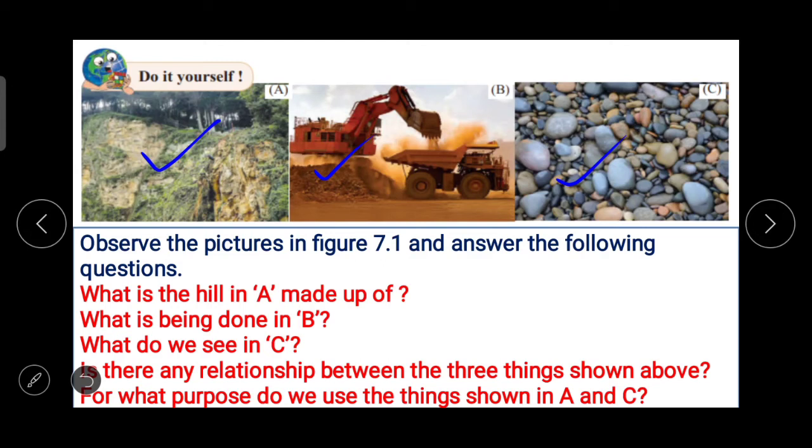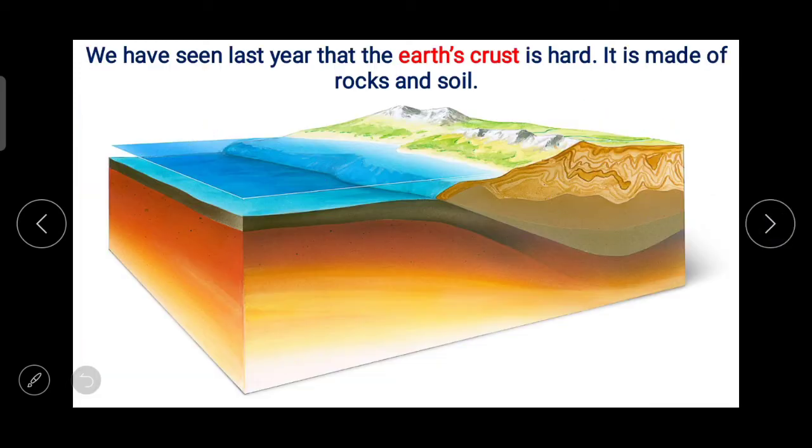Now the things which are in the image A and in the image C, for what purpose do we use these things? So this one C, especially we use this for the decoration or the kind of decorative work. Now you people just go through these questions, observe the pictures and try to answer the questions.